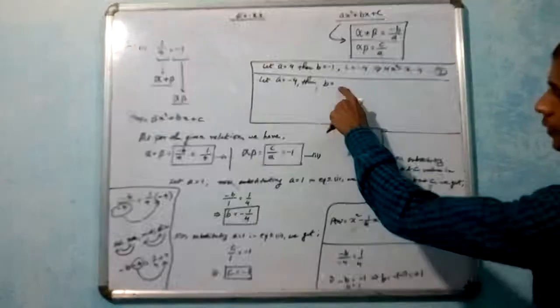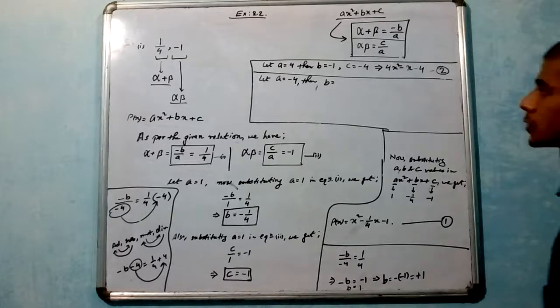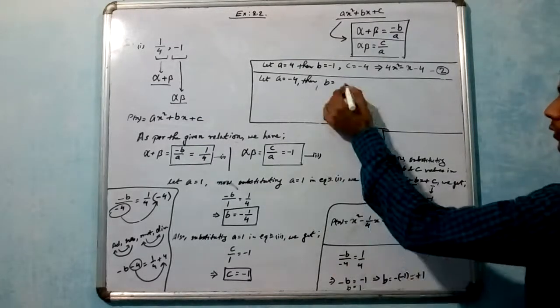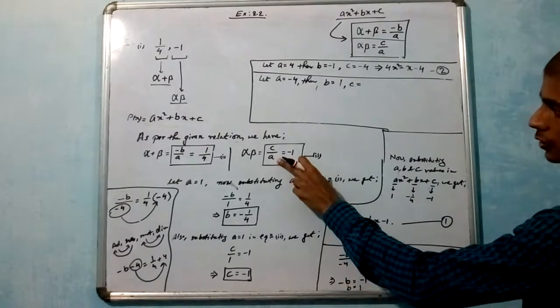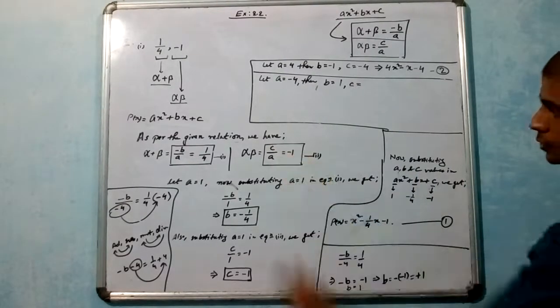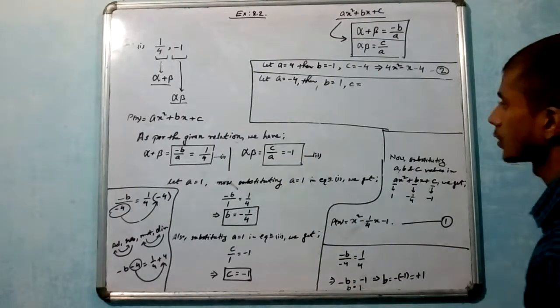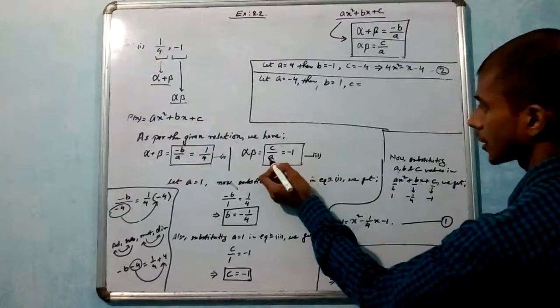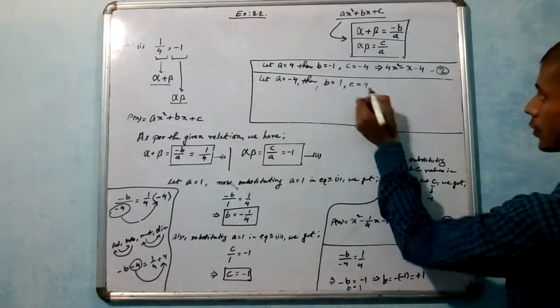So how much is b? b is 1. And then c: substitute here minus 4. So c is how much? Minus 4 into minus 1. Minus 1 is already on this side, minus 4 will come here and get multiplied with minus 1. So plus 4.